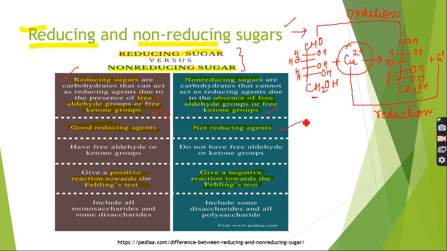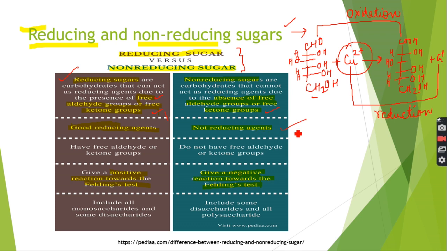When we say non-reducing sugar, that means the sugar is not able to undergo this type of reaction. In fact, the reaction which I showed you just now takes place in two of the tests. One is Benedict's test and the other one is Fehling's test. Okay. So in the video you will also see these tests, and we have mentioned it otherwise also.